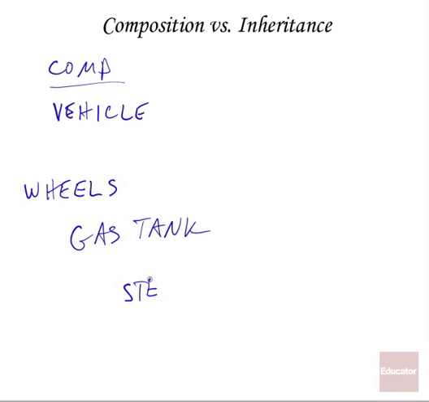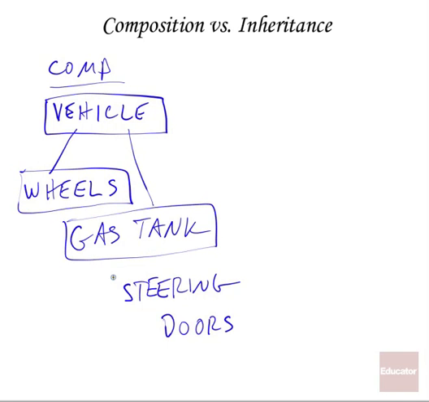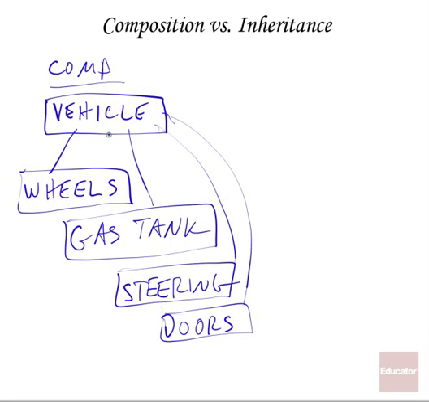It probably needs some sort of steering mechanism, and it has a number of doors. All right, so here is the composed class, and that composed class is made up of all of these smaller independent objects as well. And so when we run and call our vehicle, if this was a Java program, the vehicle class would then call and use all of the smaller parts.